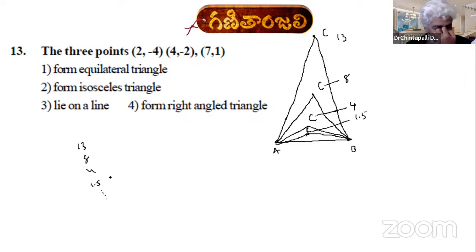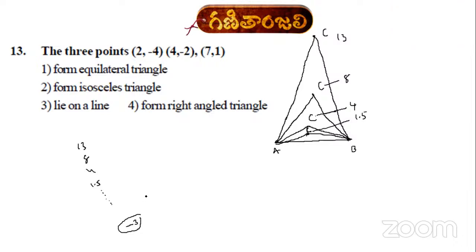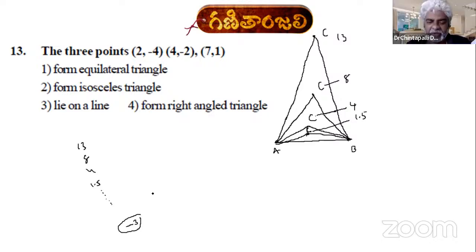If we go on decreasing the area, at some stage it cannot become -1 or -2 or -3. Area cannot be negative. There is no triangle in the universe having -3 units area.